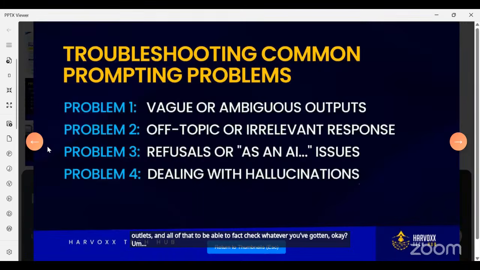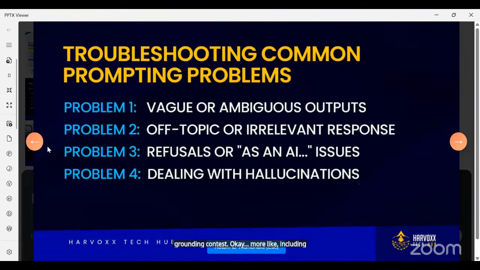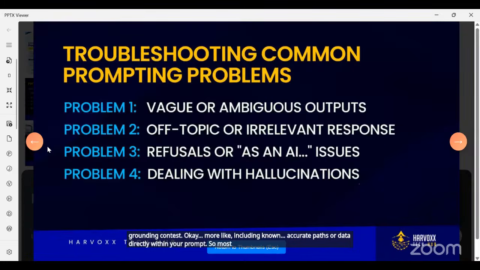Okay, you have to provide grounding context. Okay, more like including known accurate facts or data directly within your prompt. So most times, if there are facts you already know, provide it so that even if it's thinking of hallucinating, it knows that, okay, you've already known this fact and all of that.